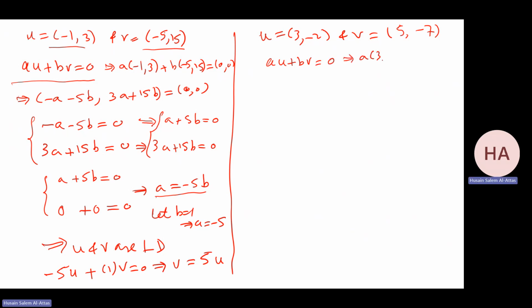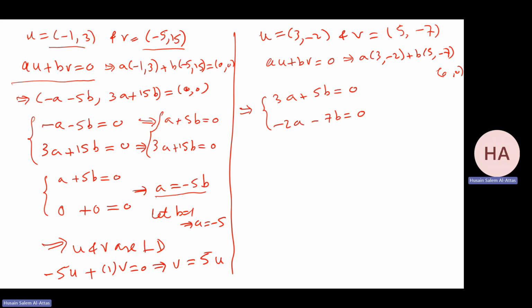That means A(3, -2) plus B(5, -7) equals (0, 0), the zero vector since I'm working in R2. Let me write the equations right away. I have 3A plus 5B equal to 0, and -2A minus 7B is equal to 0.